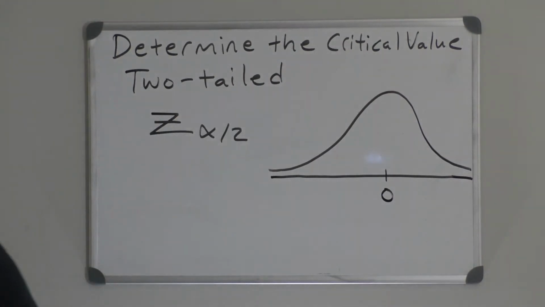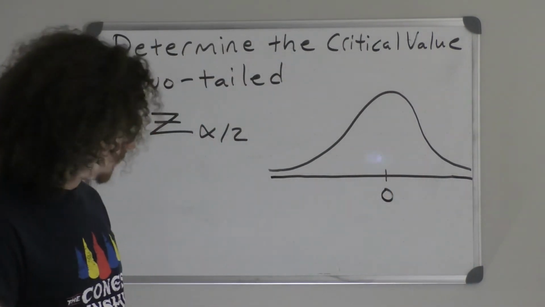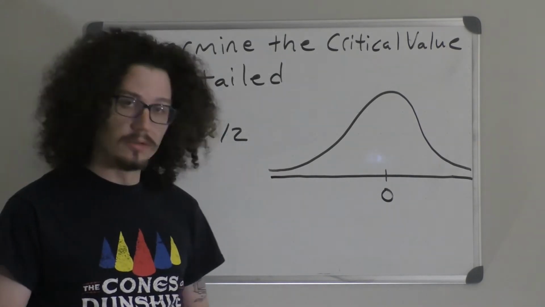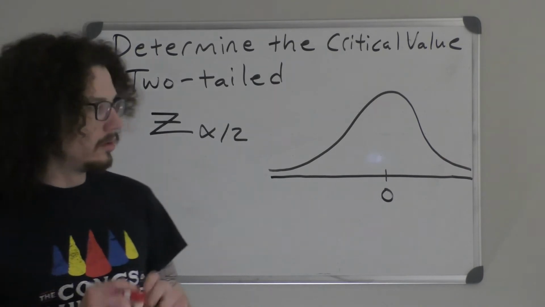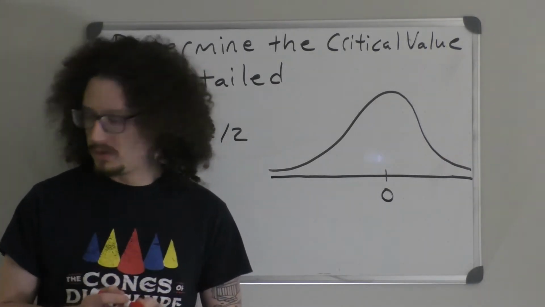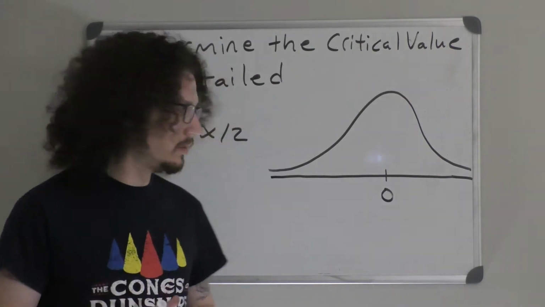Let's say that this is our distribution. For our critical values, what they do is they define the rejection region.